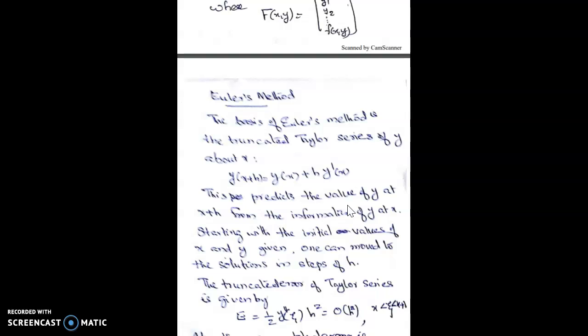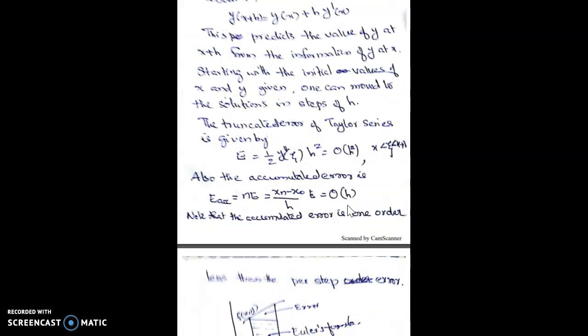The truncation error of the Taylor series is given by E = (1/2) y''(psi) h^2, which is a function of order h squared, where psi is between x and x + h. Also, the accumulated error is given by NE = ((xn - x0)/h) E, which is a function of order h.